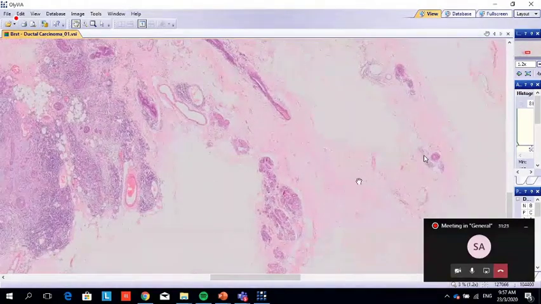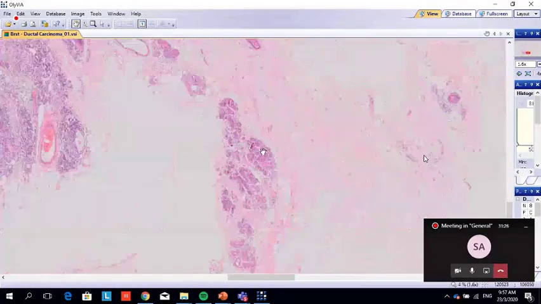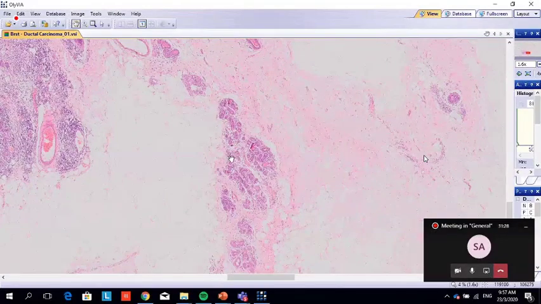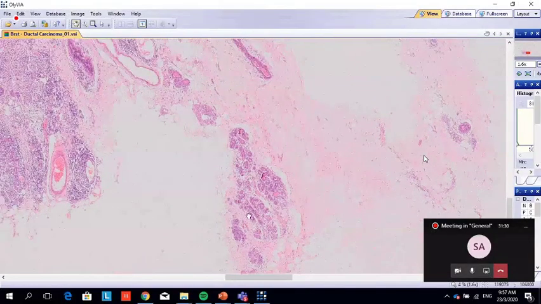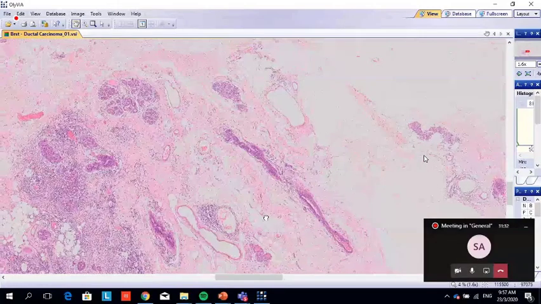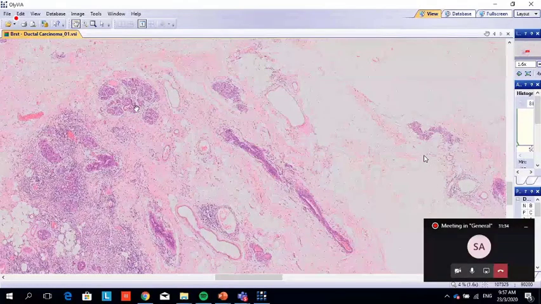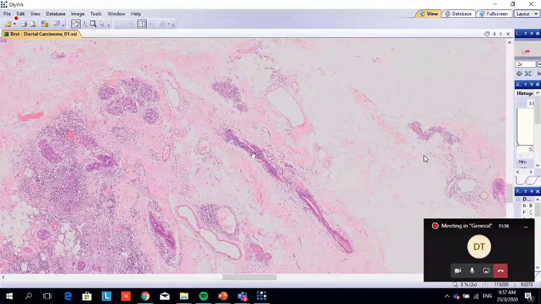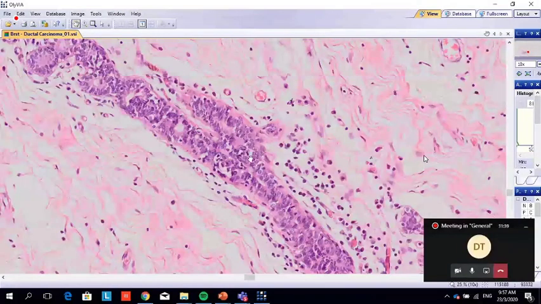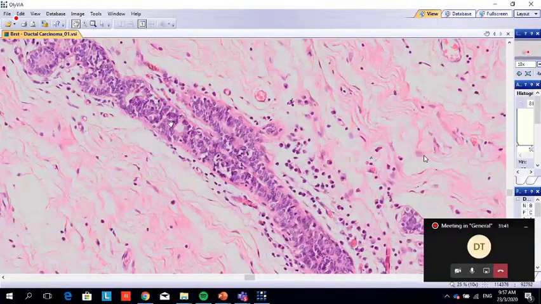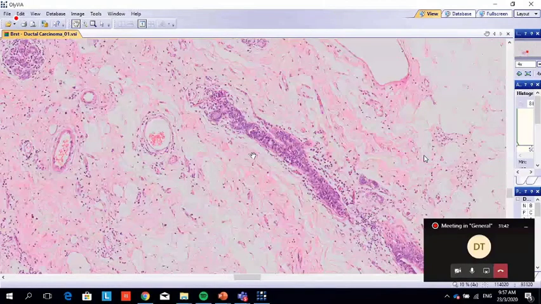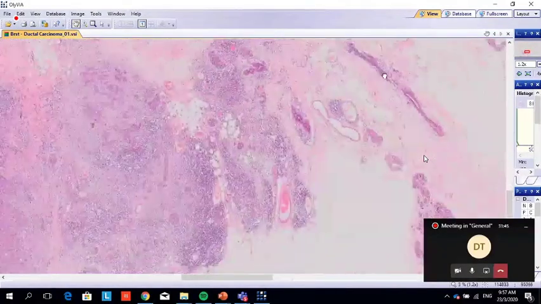Is it this? No. Is it this? Up. This one? No, this. It's still normal, see, they are lined by two layers of epithelium, still duct.